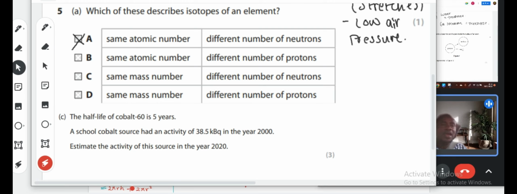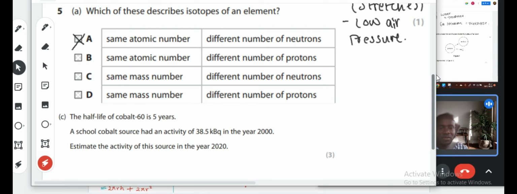The half-life is the time taken for the activity to become half of its initial value. You can actually define half-life in two ways. It's also the time taken for the number of undecayed nuclei to become half of its initial value.